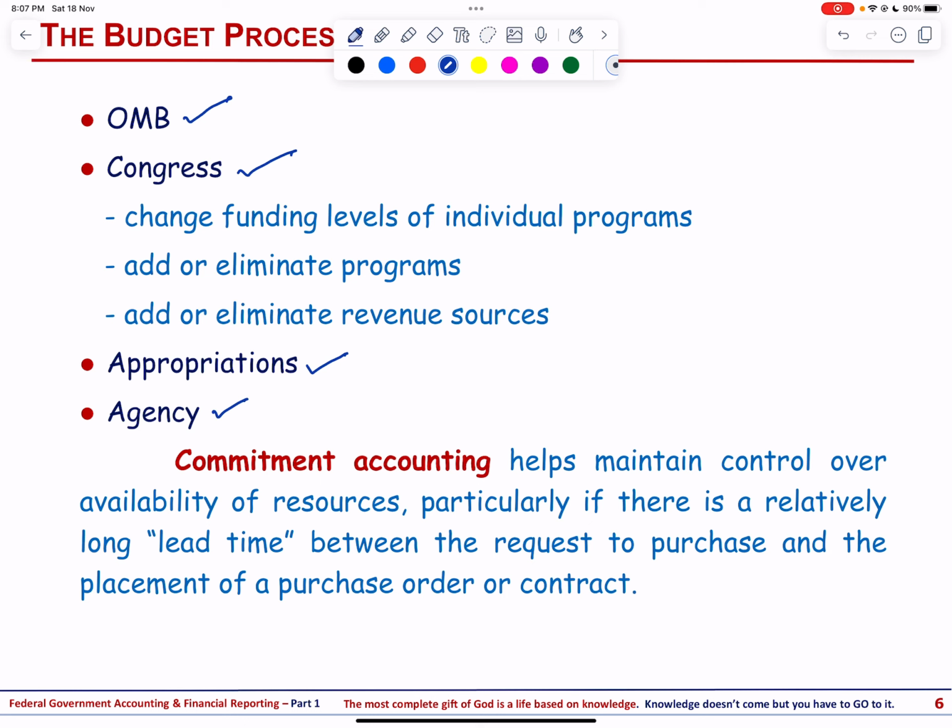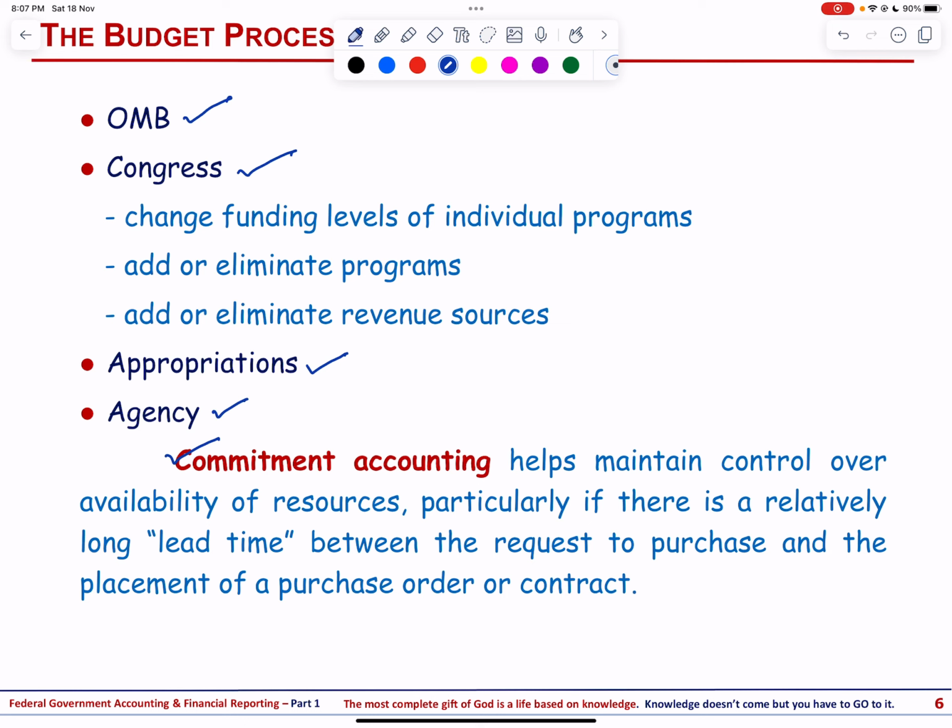So, once the agency receives the allotment, they can obligate or spend up to the amount of the allotment as per the budgetary guidelines. The agency can commit resources before it obligates. It is based on the internal request to purchase, say, supplies, equipment, or services.